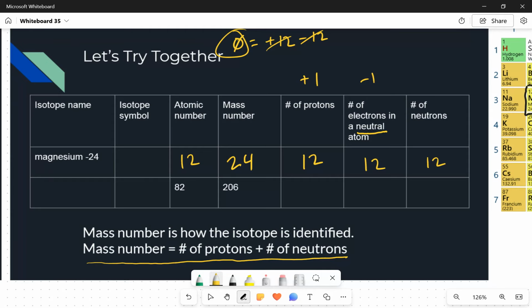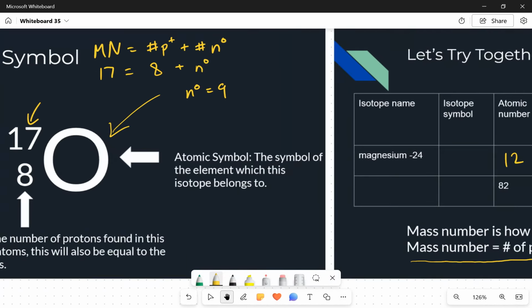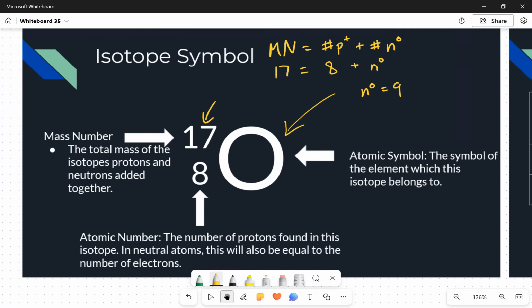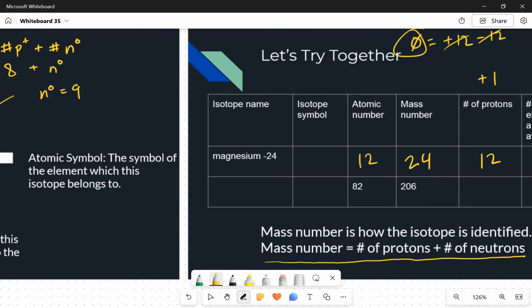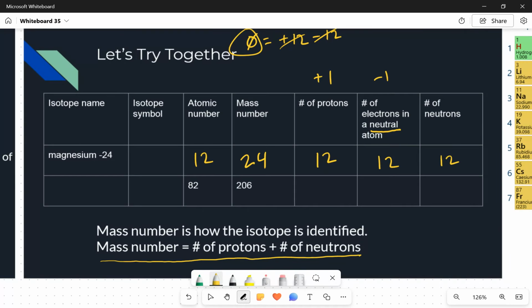Last thing, I gotta write my isotope symbol. Again, as a reminder, the isotope symbol is this guy right here, okay? So, first thing I'm gonna do, I'm gonna write the atomic symbol for magnesium, that's Mg. Now to fit it in the box, I'm going to shift it a little bit to the right of center because I want to put numbers to the left, okay?